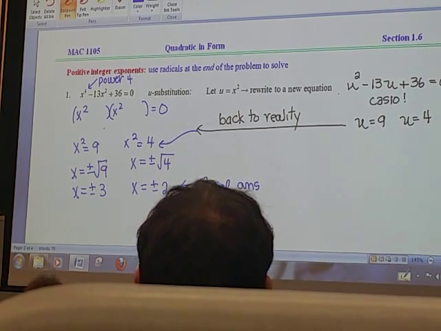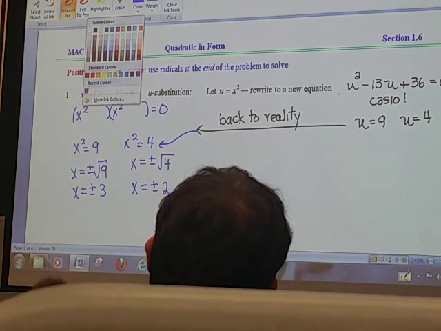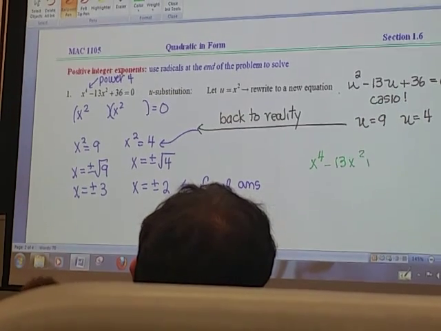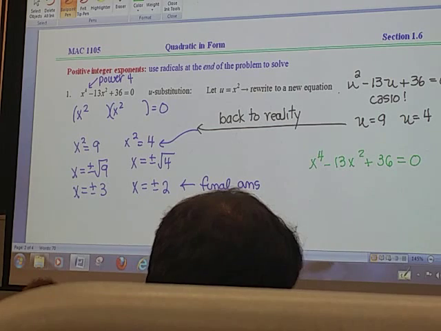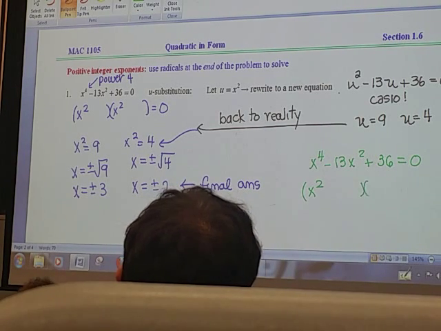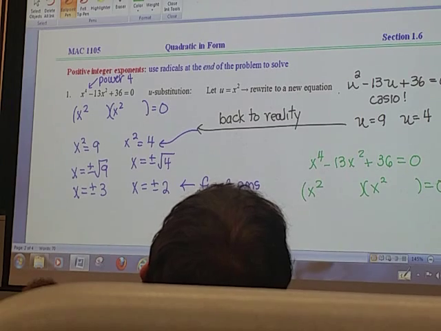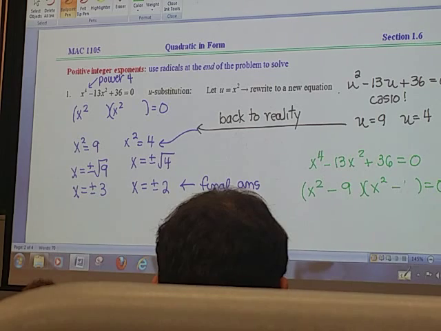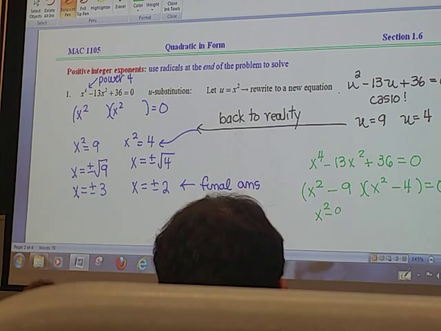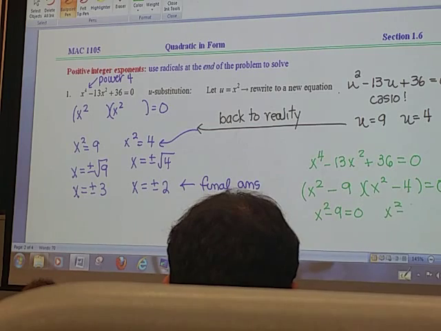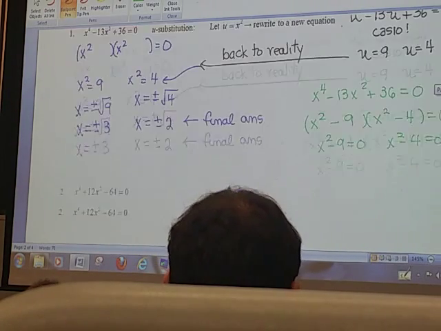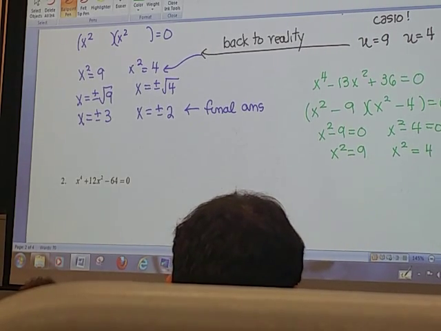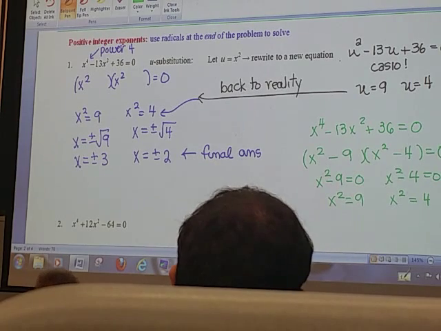If I have x to the 4th minus 13x squared plus 36, this thing factors into x squared, numbers that multiply to 36 and add to 13, that's 9 and 4, minus 9 and minus 4. x squared minus 9 equals 0, x squared minus 4 equals 0, x squared equals 9, x squared equals 4.